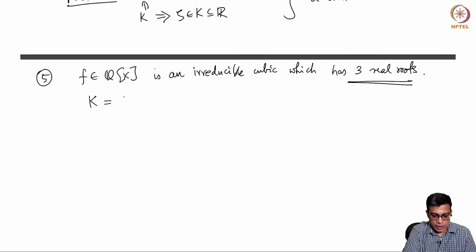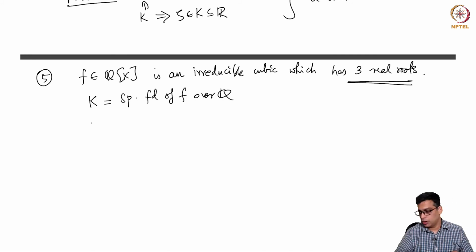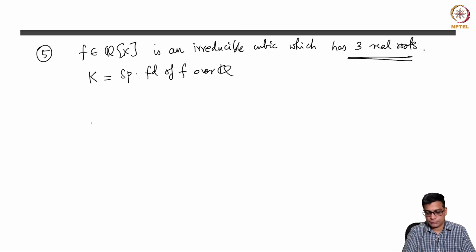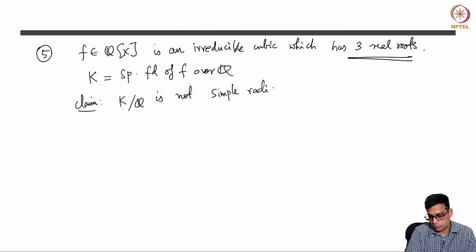So let us take K to be the splitting field of F over Q. Now I claim that K over Q is not simple radical. We will prove later that it is radical.